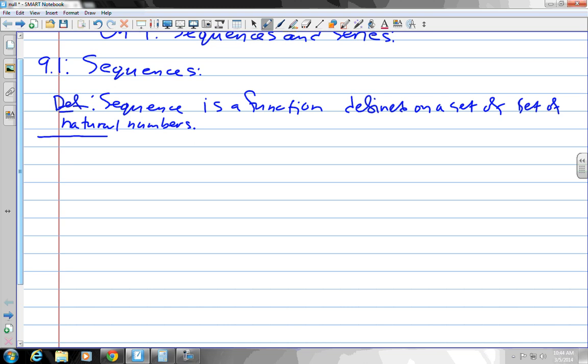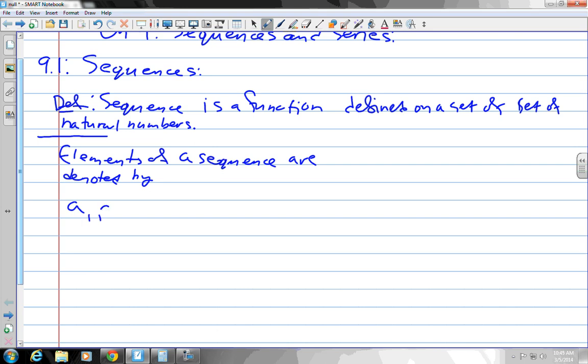So there's some notation issues. The elements of a sequence are denoted by, we usually use lowercase letters with subscripts.